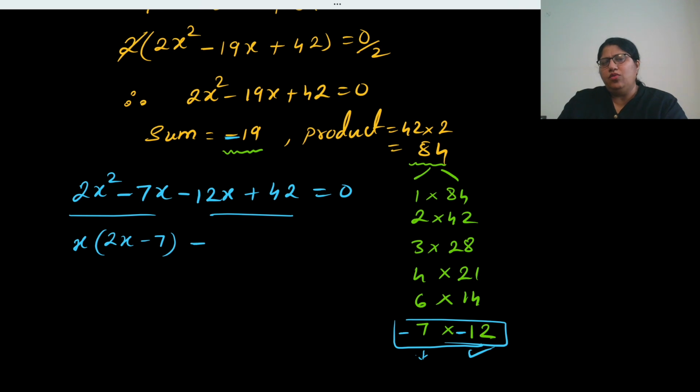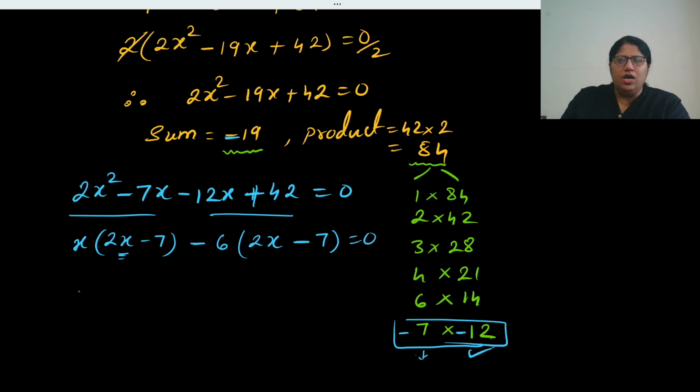If I take 2 common, it will be 6x, but I need 2x. So I can take minus 6 common, which will be 2x minus 7. And this positive will become negative because I am taking the minus sign outside. So therefore, you are getting (2x − 7)(x − 6) = 0.